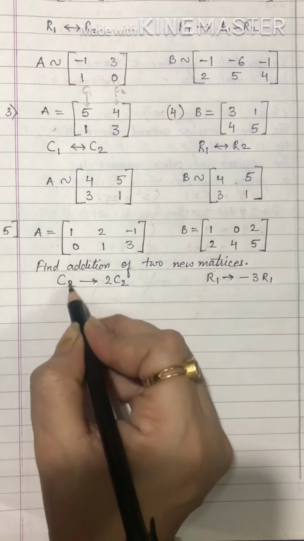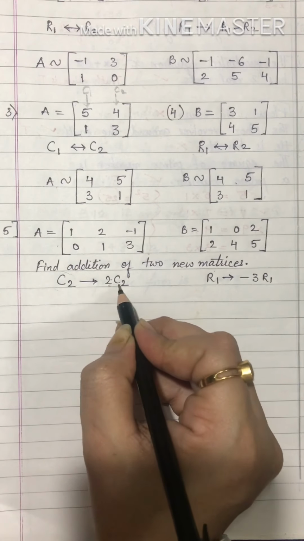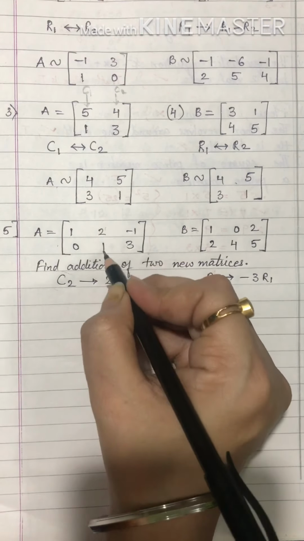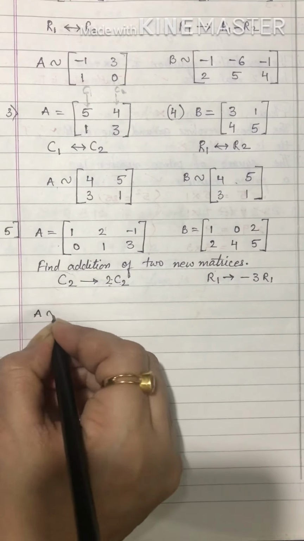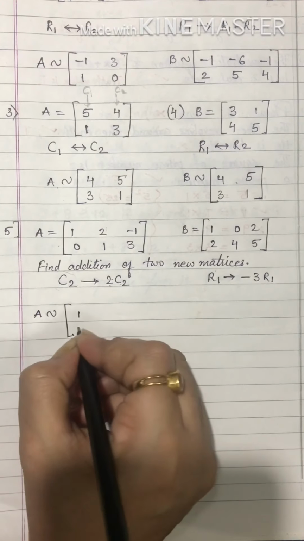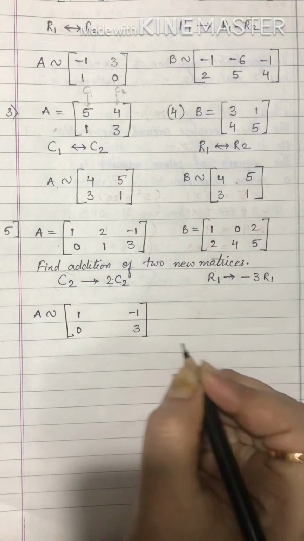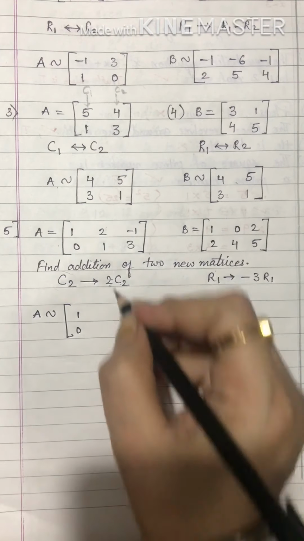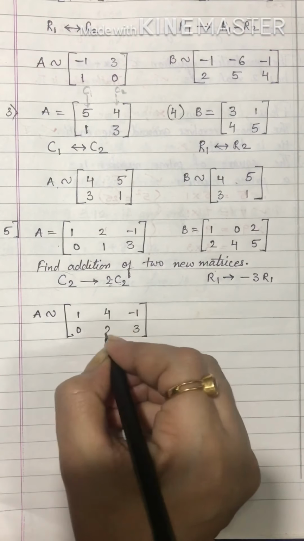In column number 2 of matrix A, you have to multiply it by 2. See, 2 into C2. So these elements 2 and 1, we have to multiply by 2. Now column 1 and column 3 we don't have to do anything, so I have written those first to avoid mistakes. In column 2 we have been asked to multiply by 2, so we get 4, 2.